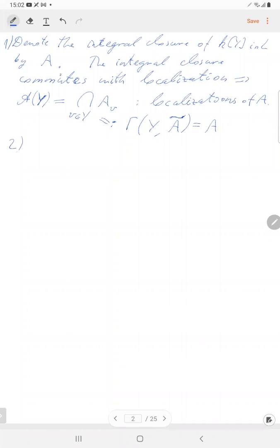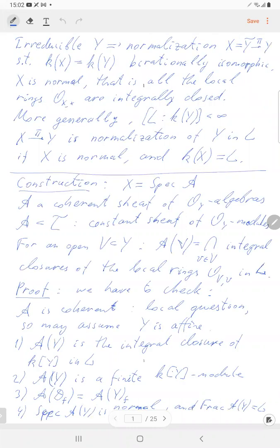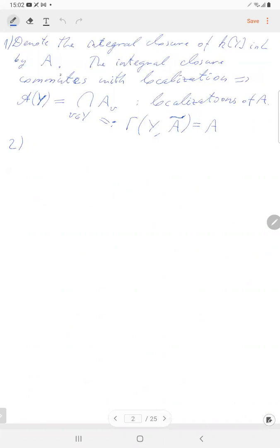Now, what is 2? 2 says that the global sections is a finite module over the ring of functions, and this is immediate. The integral closure of any ring in a finite field extension is always a finite module over this ring.